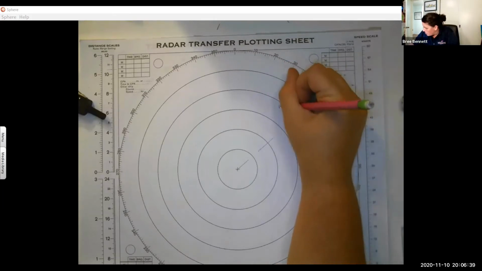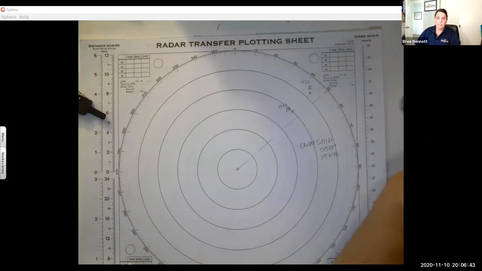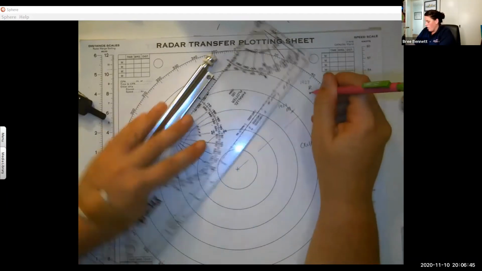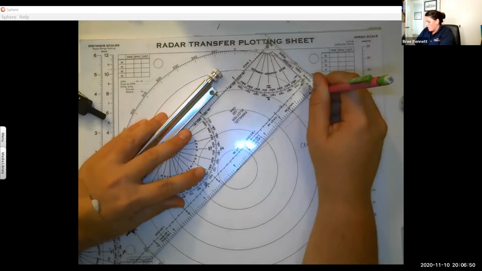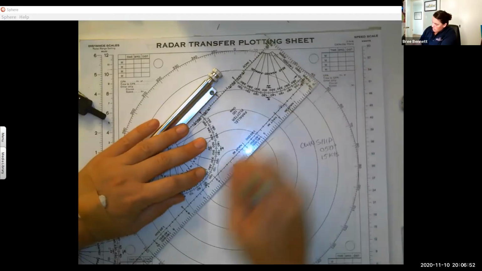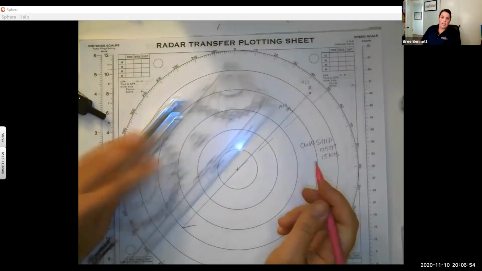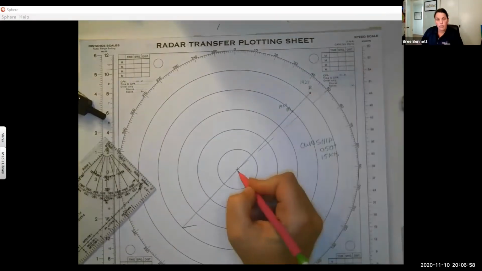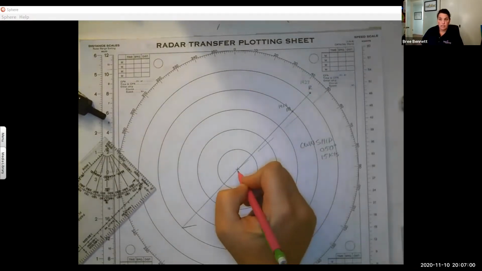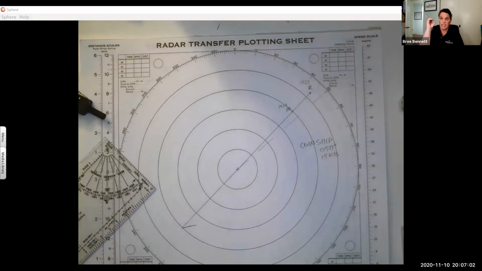Get this M bigger. Okay, so if I connect my R and M, I get a relative motion line that goes directly through me. So this is a CPA of 0.